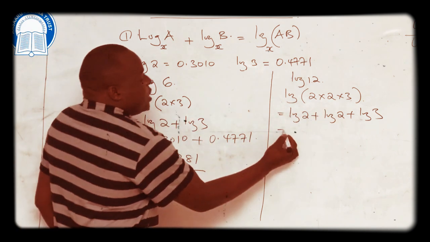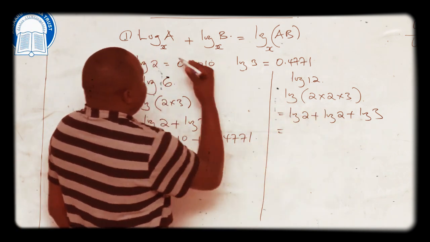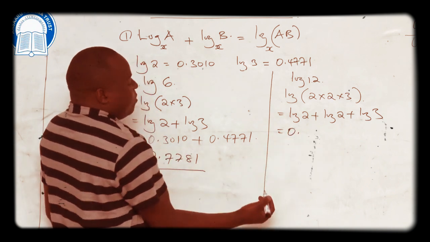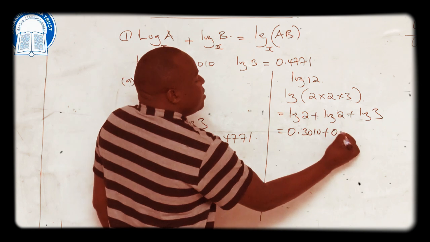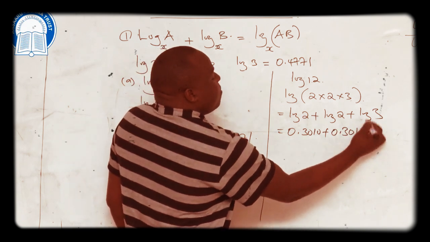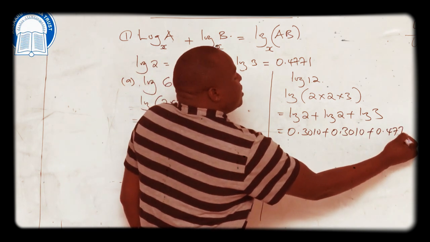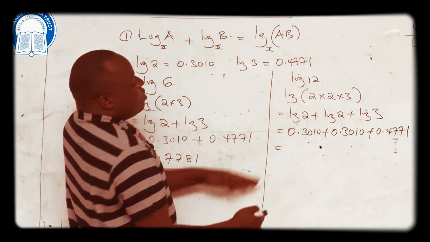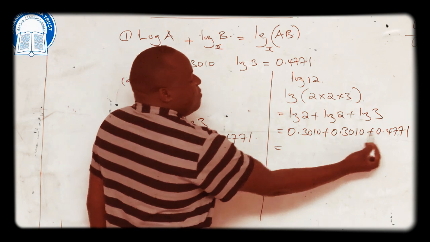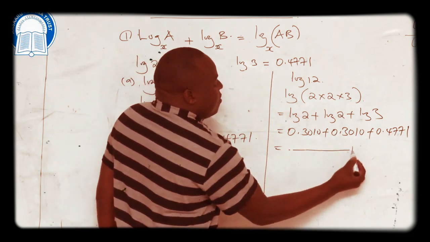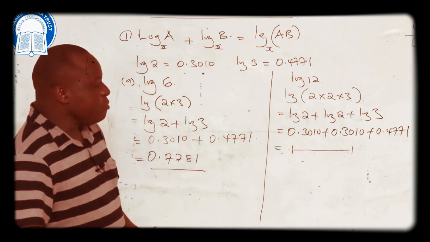So the answer for this would be to replace these values, like I explained before: 0.3010 plus 0.3010 plus 0.4771. So then, just like I did the other question, add these three values to get the final answer there.